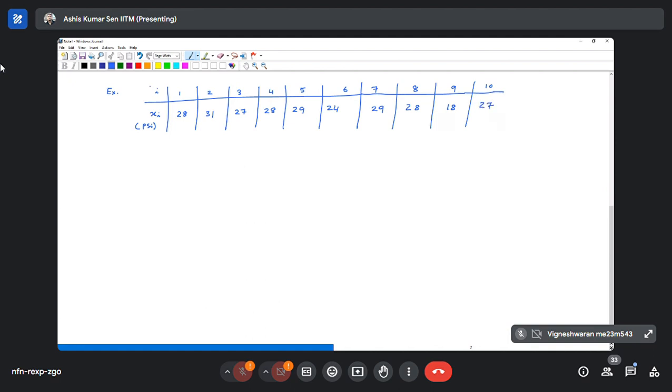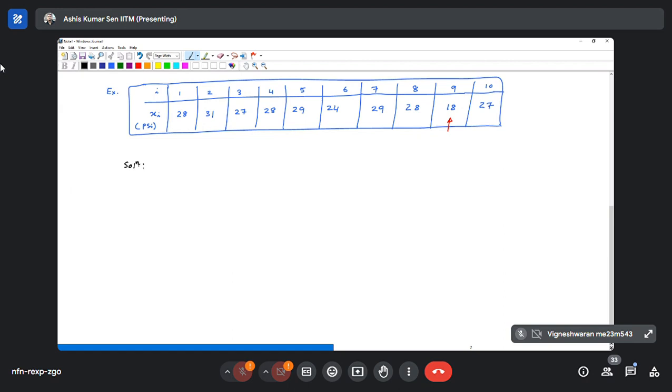So this is the data set that you have. Just by looking at the data, you can sort of think that this data may be a potential outlier. But how do you know that it is an outlier? You cannot just throw away the data points. You have to use some kind of statistical technique, and that technique is the Chauvenet's criterion that we are discussing here.